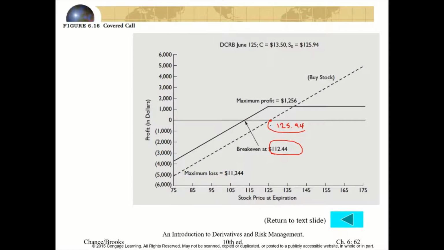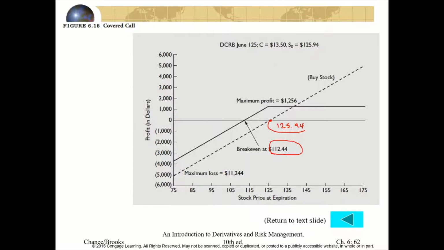How about the upside potential from the covered call? Well, since the call option has a strike price of 125, at any price above 125, the counterparty will exercise, which means that he will buy the stock from me for 125.